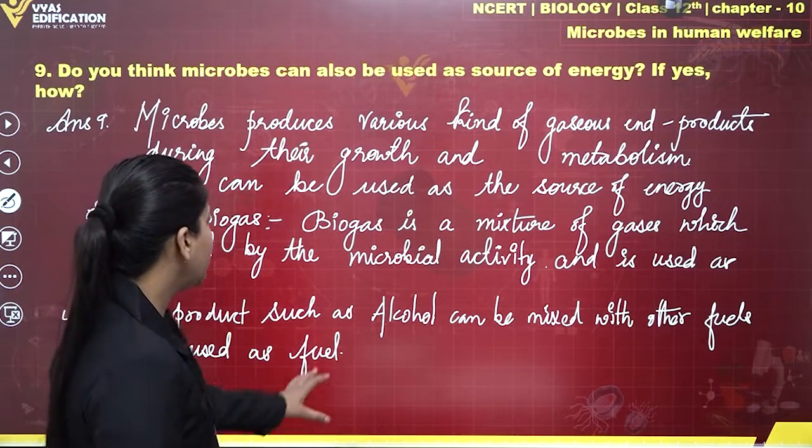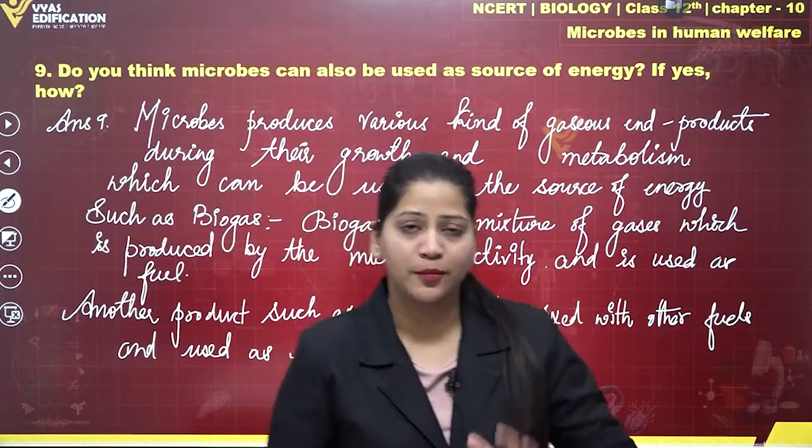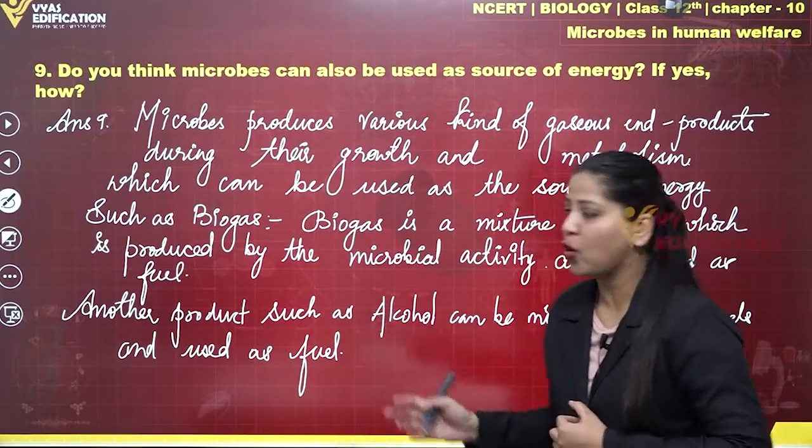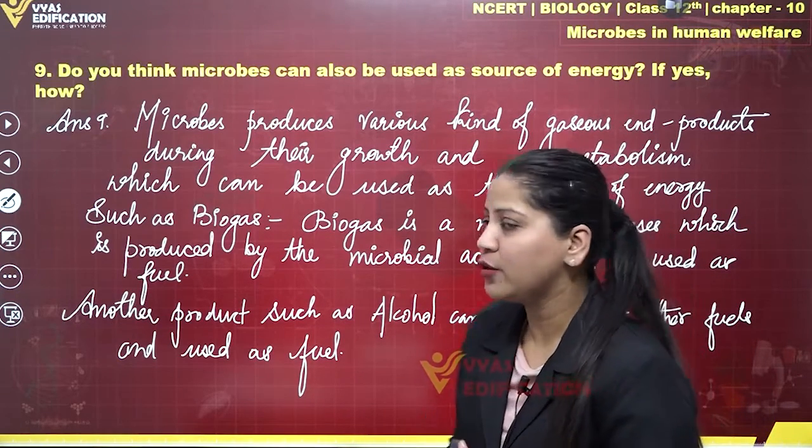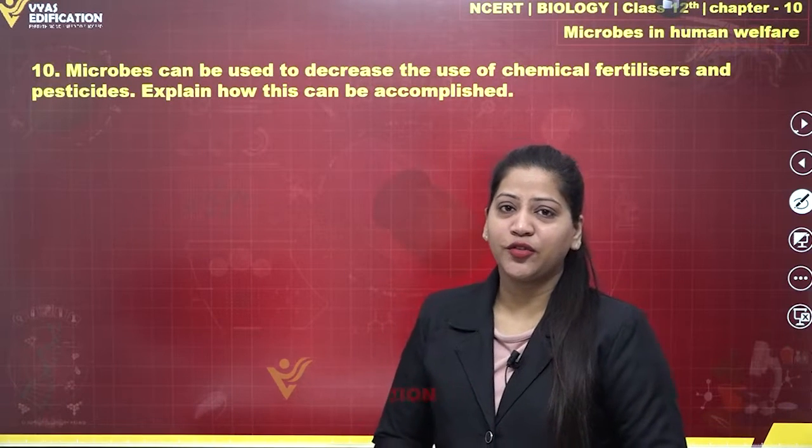So this is how we can use the substances which are produced from the microbes as a source of energy. So this is the complete solution of question number 9. Now let's discuss question number 10.